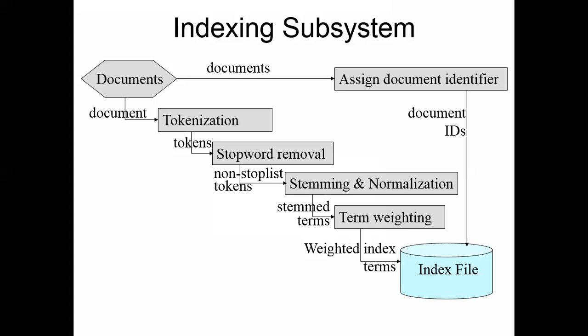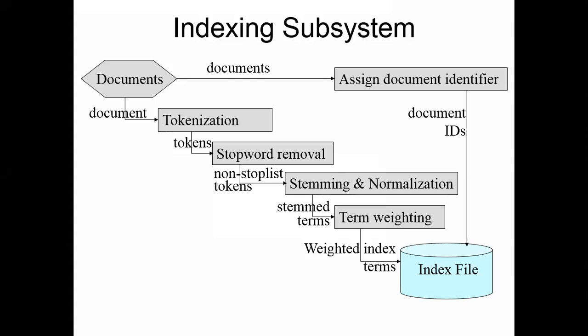Now for indexing purposes, we need term frequency, document frequency, and collection frequency. Of course, there are index files that don't apply term weighting. But this one is a generic architecture. It's good to apply term weighting because later on we need it when we are constructing the term by document matrix.